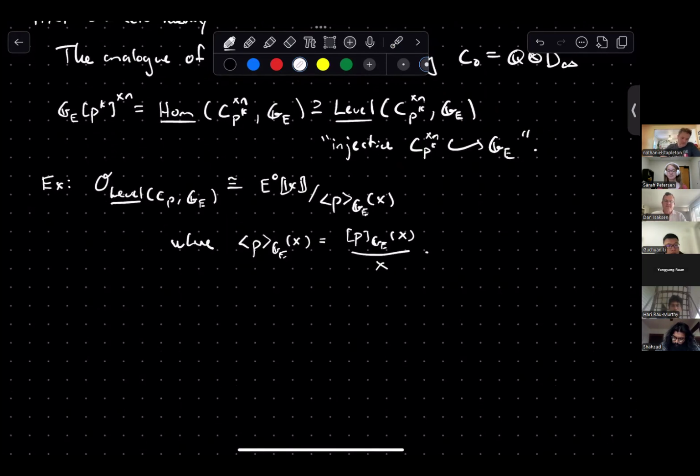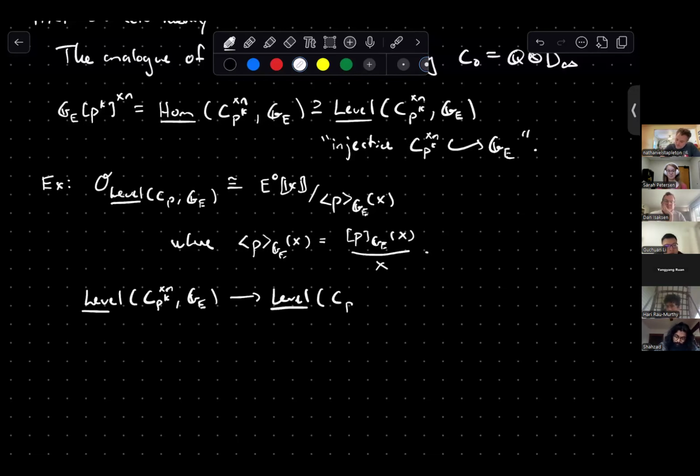So there's a canonical map from level CP to the K to the N into GE to level CP to the K minus 1 to the N into GE. And it's just given by restricting to the P to the K minus 1 torsion inside of the source here, right? It's just restricting to this thing as a subgroup of this thing.